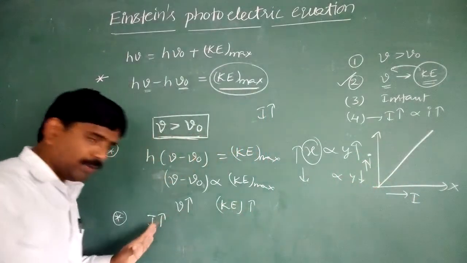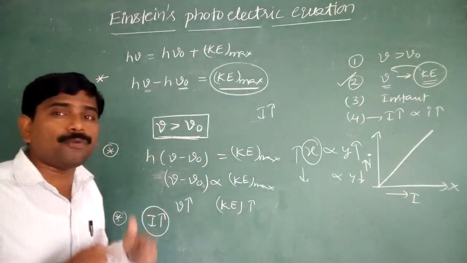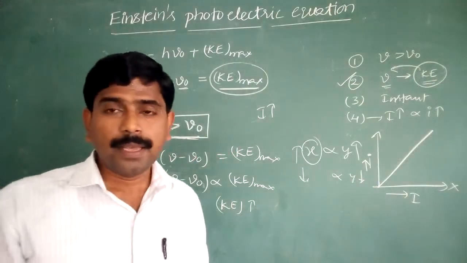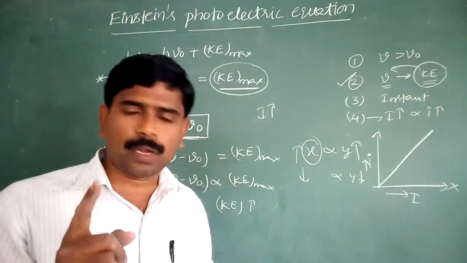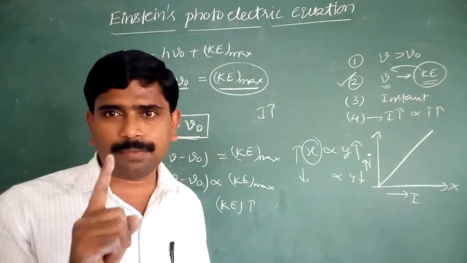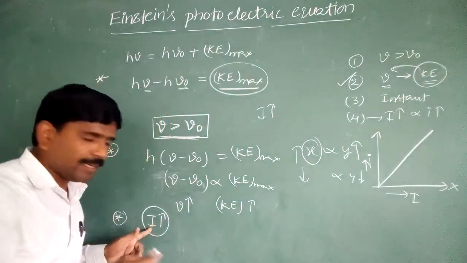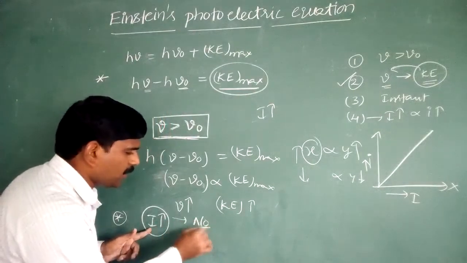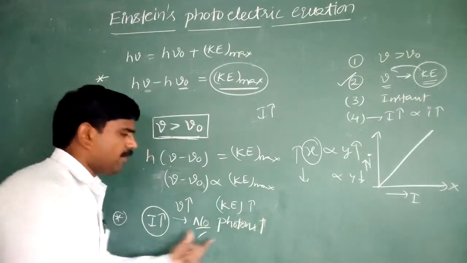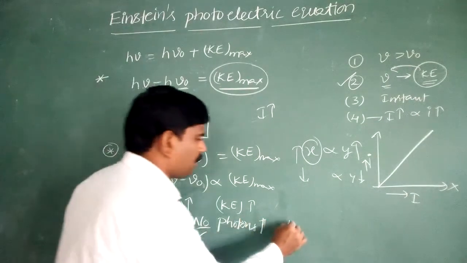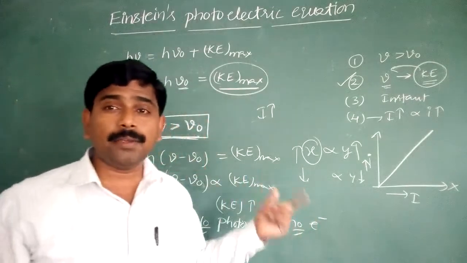When intensity increases, the number of photons increases. According to Einstein, each electron absorbs one photon. So when the number of photons increases, the number of emitted electrons also increases, which means the current value increases.